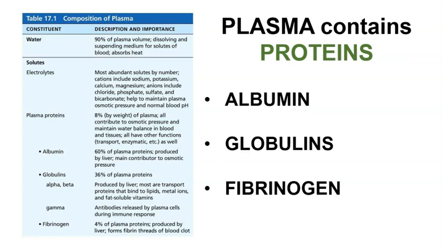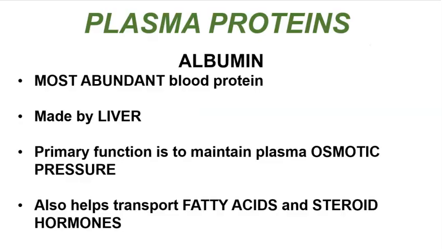Plasma also contains a number of proteins. So even though proteins only make up about 7 to 8% of the weight of the plasma, they are extremely important to normal blood function. So let's look at a few of these proteins, starting with a protein called albumin. And albumin is the most abundant of the plasma proteins.